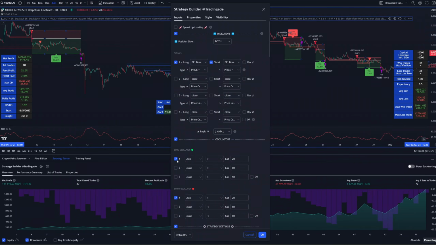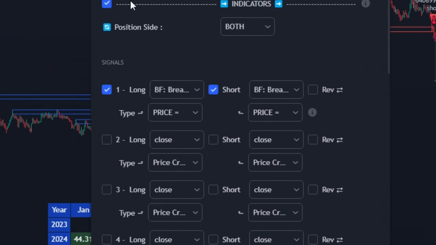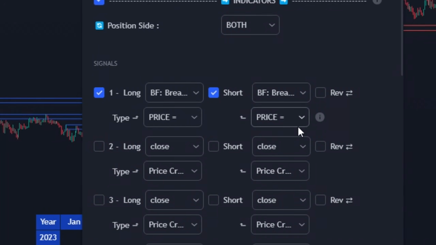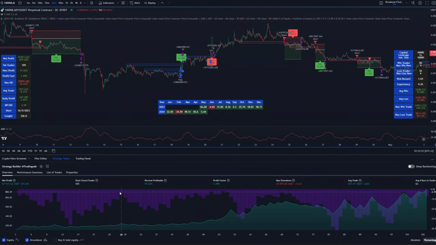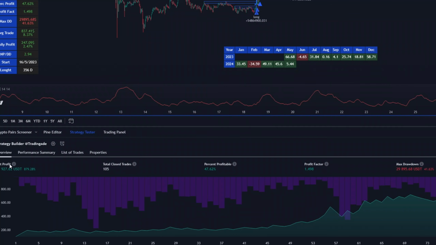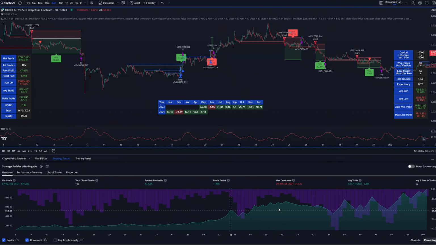If we try to disable the ADX filter and we enter only based on breakout and breakdown level, we still have a profitable backtest, even though we have a max drawdown which is greater than the previous and the net profit is lower. And in fact, our net profit / drawdown is lower than the previous backtest. And other than that, we have an equity shape which is worse than the previous. Expectancy is half.